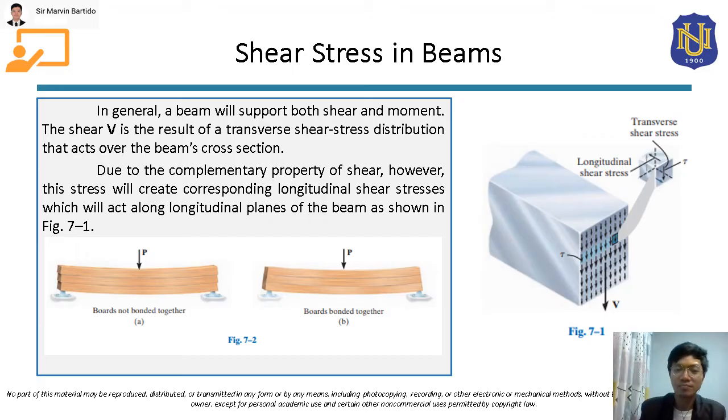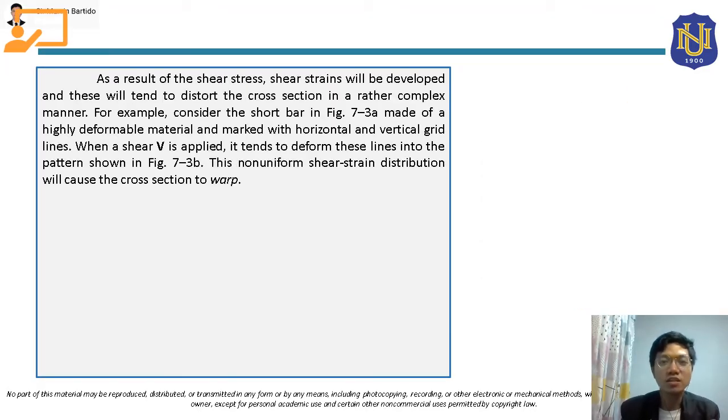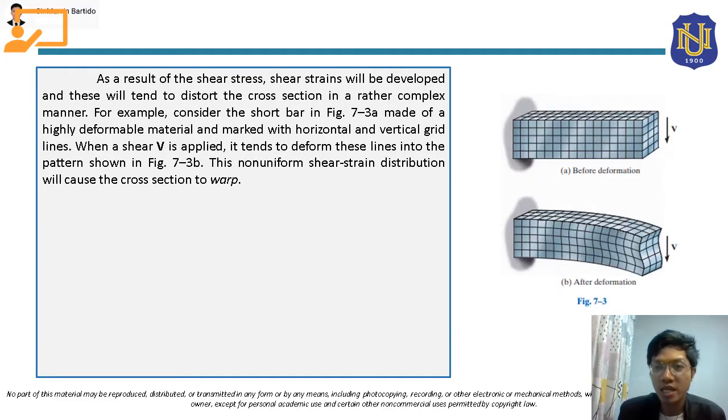Okay, so as a result of the shear stress, shear strains will be developed and this will tend to distort the cross-section in a rather complex manner. For example, consider the short bar in figure 3A. So this is the bar that is mentioned here. Class, this short bar is made of a highly deformable material and marked with horizontal and vertical grid lines.